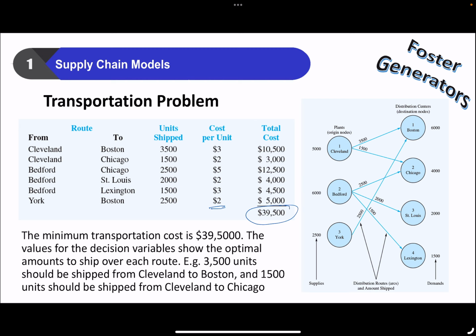So the minimum transportation cost is $39,500.